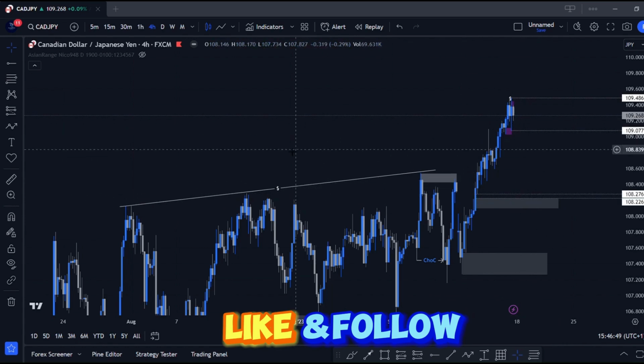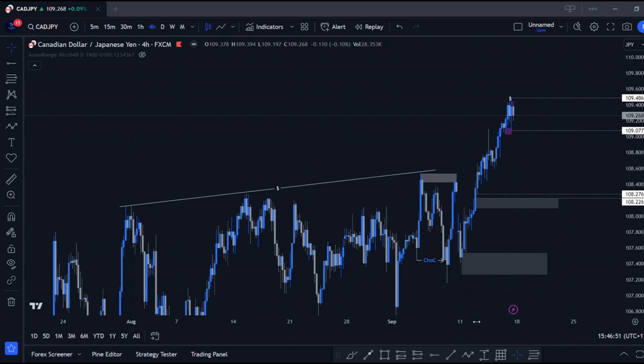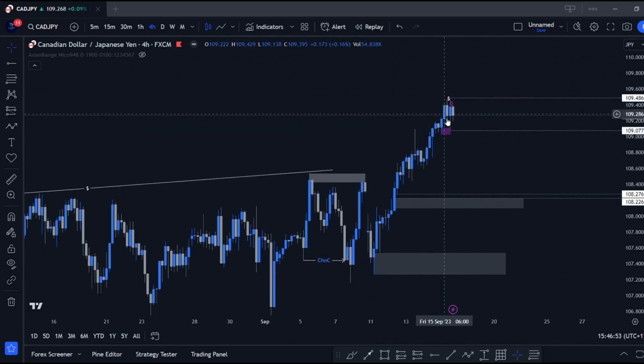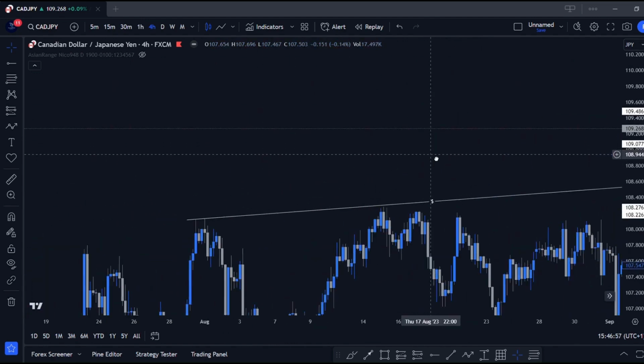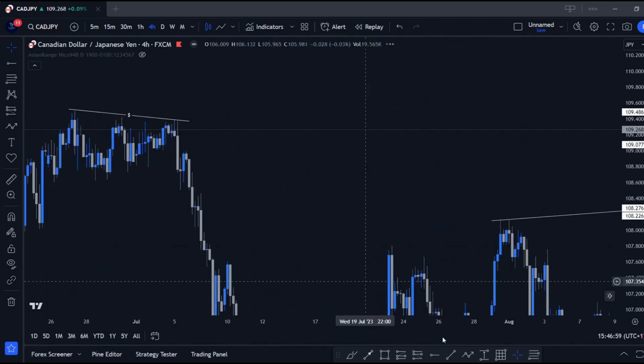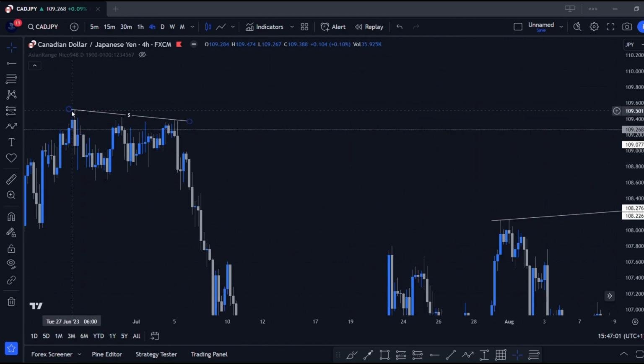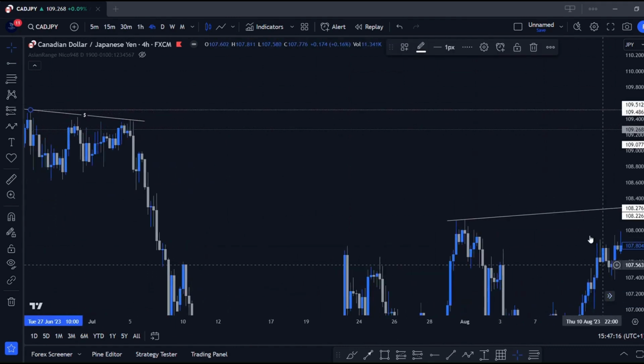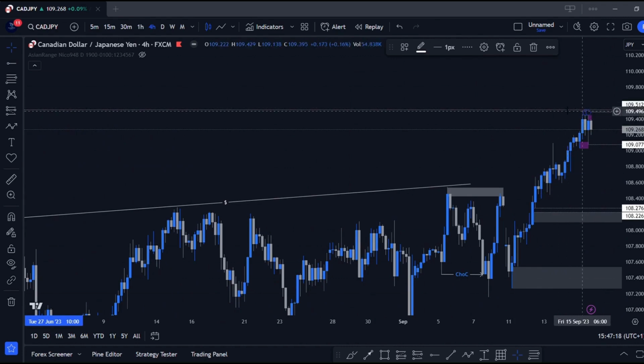Starting off on the high time frame, you can see that price came to this candle and pushed to the upside. Now let's go back in time. This was the last swing high that was there before price pushed down here. By looking at this, we have a trendline liquidity here, so I'll be expecting price to come and push upwards at this swing point.